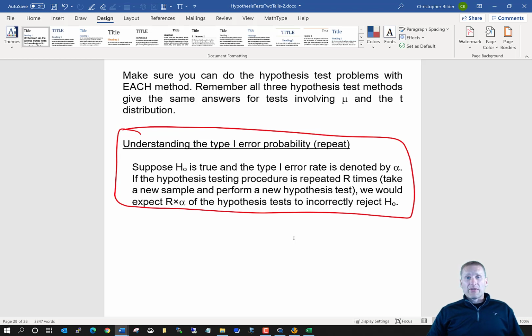One point of emphasis that I want to make is that for doing one hypothesis test, it does not mean your chance of an error is like 5%. Rather, what this is doing is looking at, if you were to repeat the sampling process over and over again, what would happen on average if the null hypothesis is true. Okay, so with that, that concludes this part of the hypothesis testing notes.